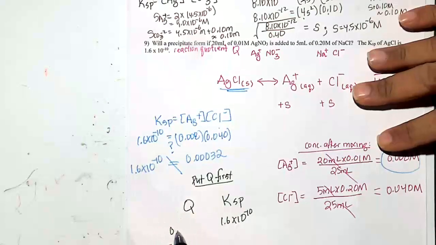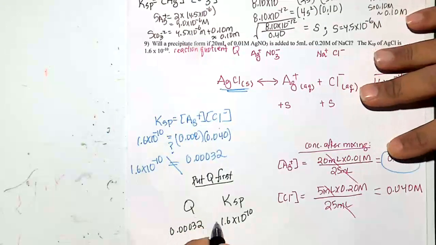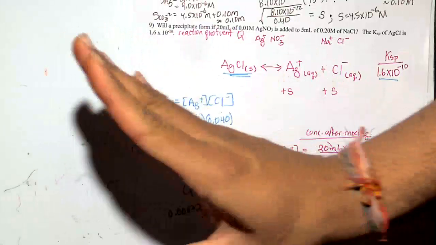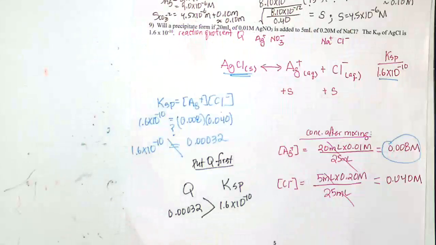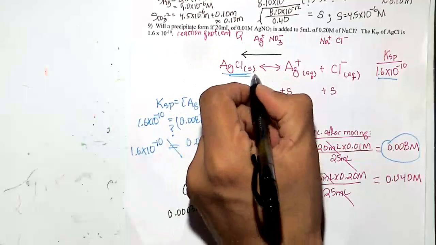And the Q, we just calculated as 0.00032. That's 3.2 times 10 to the minus 4. This is much, much bigger than 1.6 times 10 to the minus 10. Where do the alligator jaws point? To the left. So this is going to go to the left.